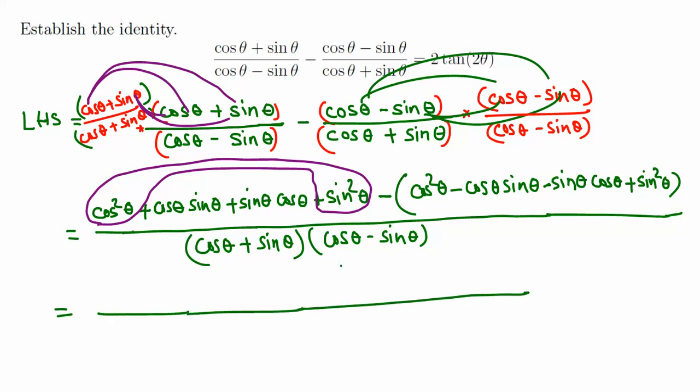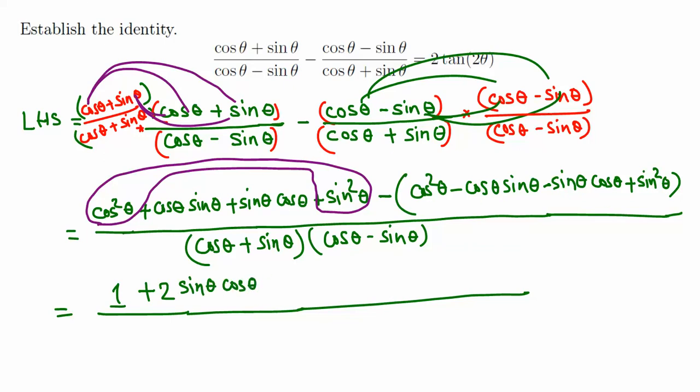Do not multiply the bottom, because when we combine two fractions we work on the top, and there might be some factoring and cancellation with the bottom. If we have to multiply, we'll do that later. Cosine square plus sine square is 1, and cosine sine plus sine cosine is two copies of sine cosine.